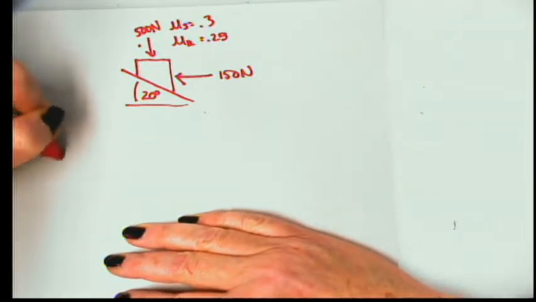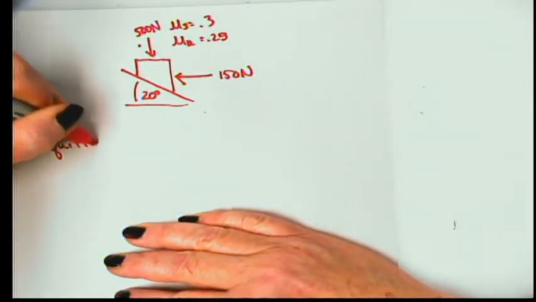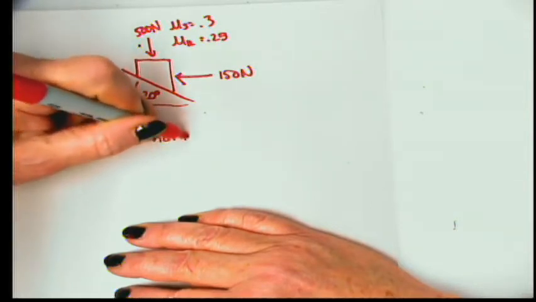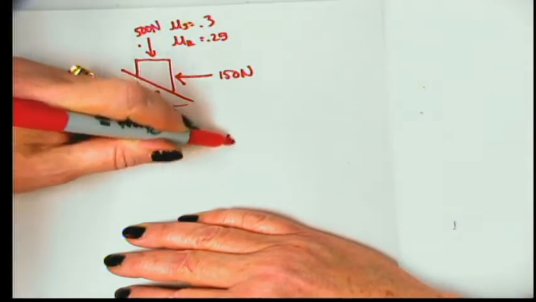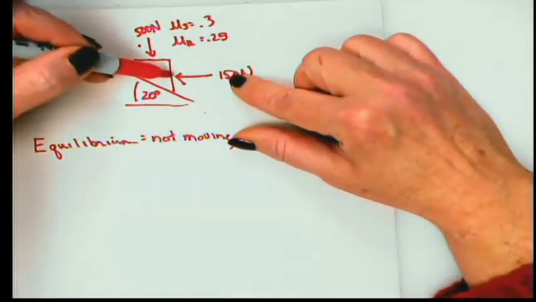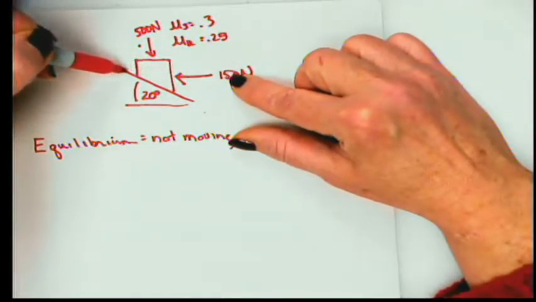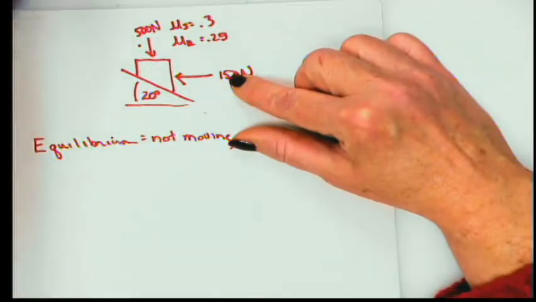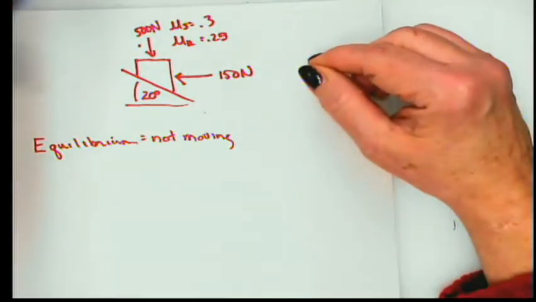What equilibrium means is not moving. And what does that mean? Well, if this 150-pound force were to push it up, or this 500-pound force, that component of that would push it down, first of all, we would decide which way it would be moving.